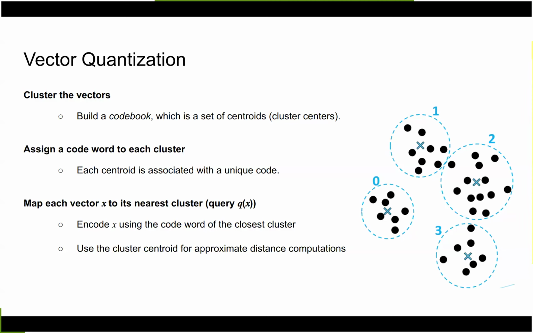At this point, you can also additionally query the actual vector from the disk or somewhere else from slower storage, and compare your query to the actual value of your vectors.